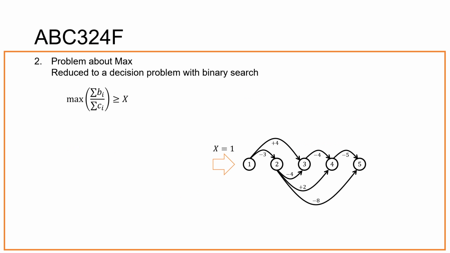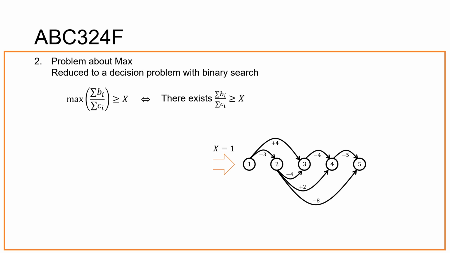Then here's the second idea. We can reduce the problem to a decision problem with binary search. This is a typical technique when we run into a difficult problem about max or minimum. If we fix x and suppose the answer is at least x, then the condition can be written like this.